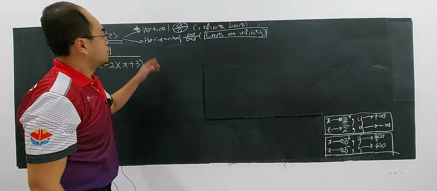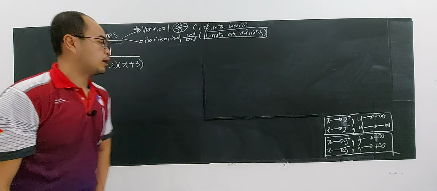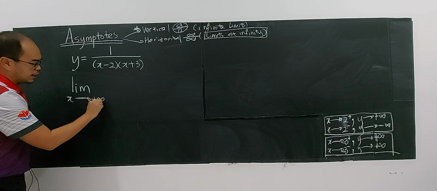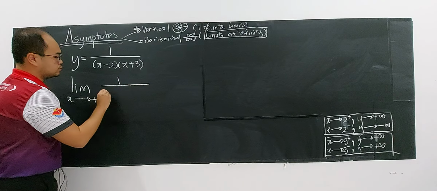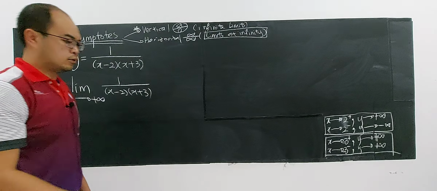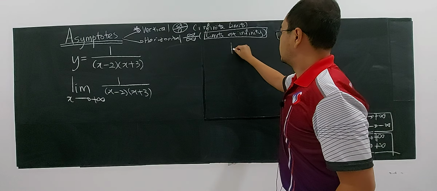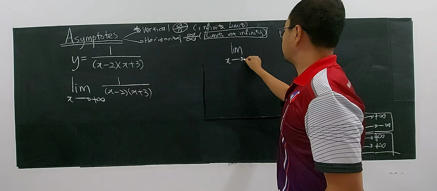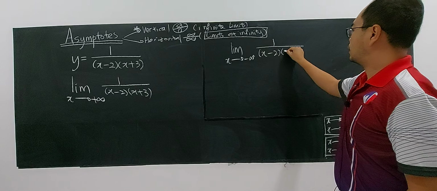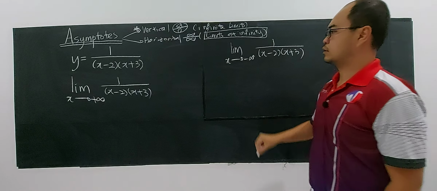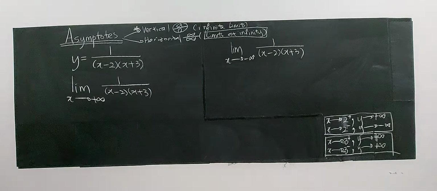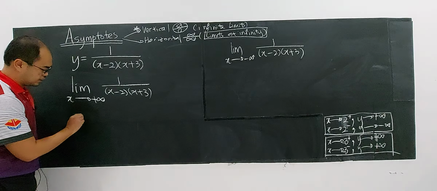Refer to the video about limits at infinity, where you have to evaluate the limits at infinity, and also the limits at negative infinity for this function: 1 over (x minus 2)(x plus 3). So this is called limits at infinity, right? But for these cases, it's very simple. It's very easy here.